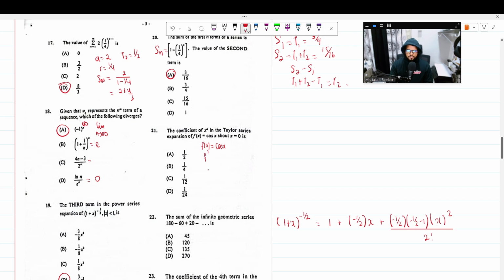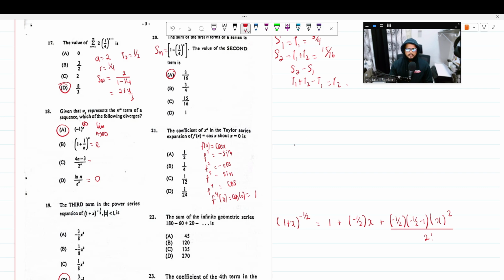So first derivative, second derivative, third derivative, and fourth derivative is what I'm concerned with: minus sine, minus cosine, then sine, then cosine. So when x is equal to 0, the fourth derivative at 0 is cosine of 0, which is 1.